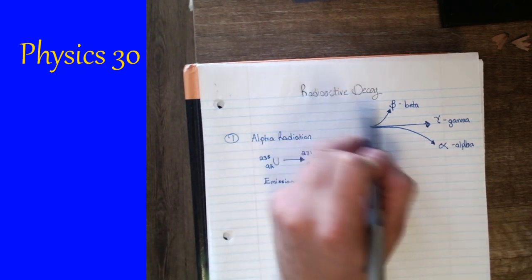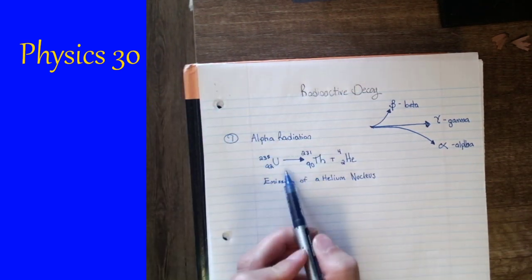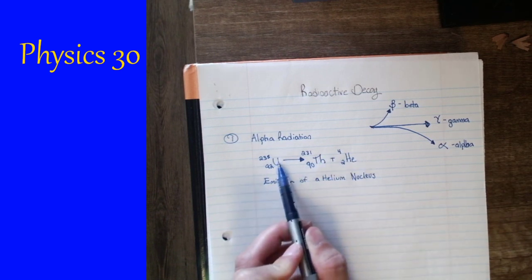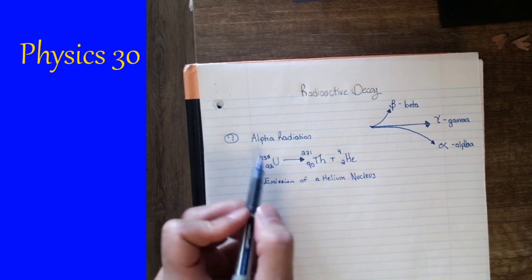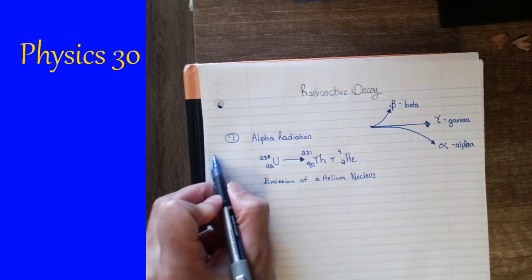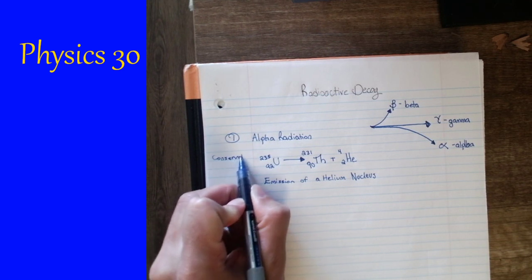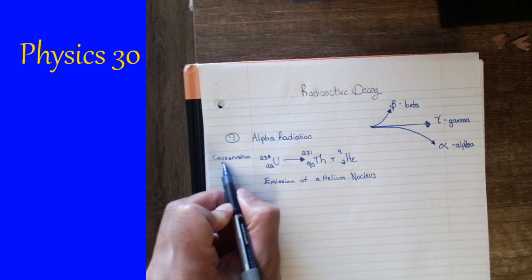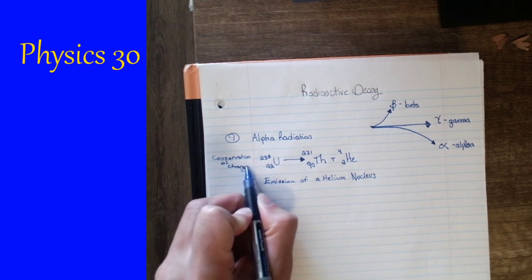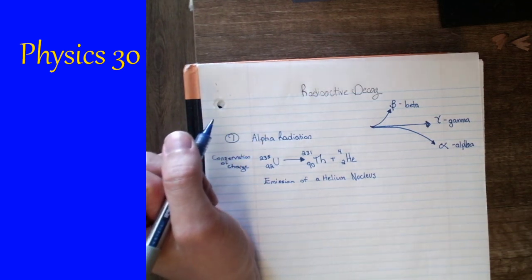When we talk about radioactive decay and radiation, there's a few things we have to actually keep in mind, and that's why having these written in this notation is really, really useful, because there has to be conservation of charge that occurs within all types of radiation. So charge is always conserved. It's a conserved quantity in physics.